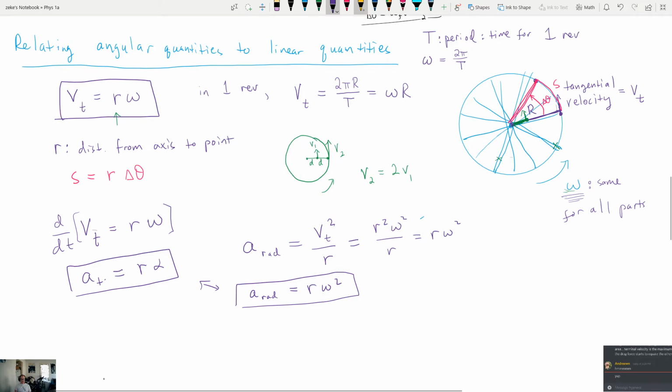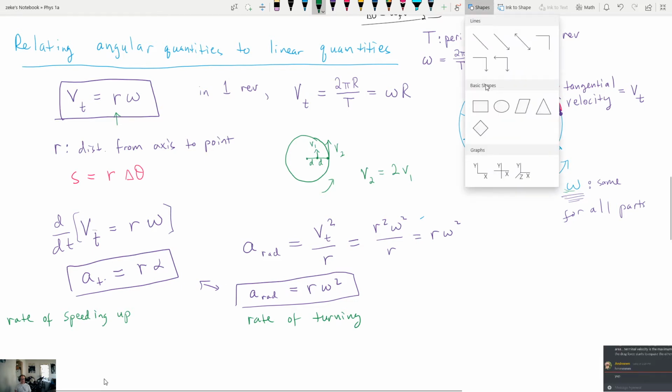So what I say is that tangential acceleration represents the rate at which the object is speeding up or slowing down. And I call this one the rate of turning, because it's radial. And these two are at right angles to each other, right?